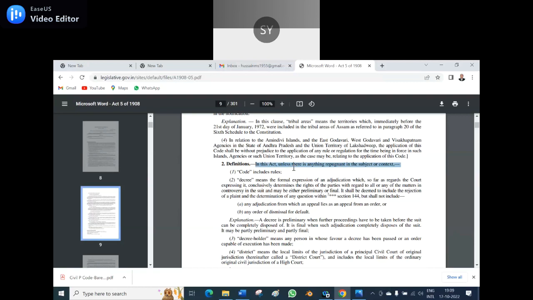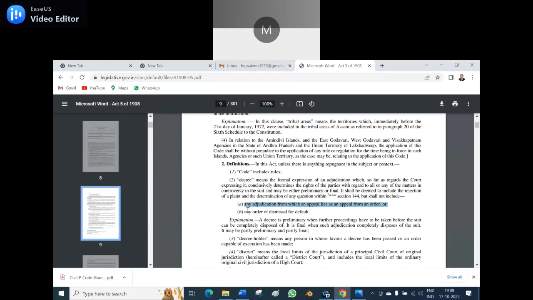Later on, if anything comes, we say section 2, clause 1. And code includes rules. This is section 2, clause 2, decree. And this one, what do you say? Section 2, clause 2, subclause A.